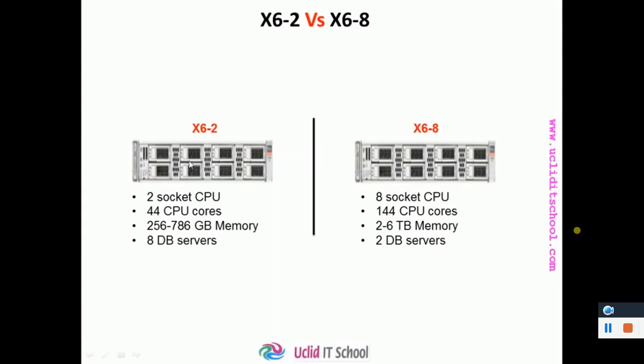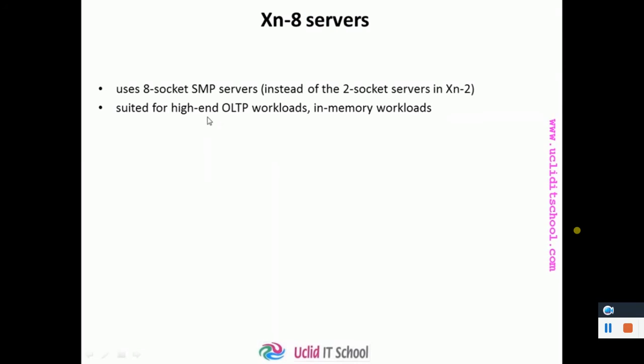If you need more servers, like you are deploying a rack with a 4-node cluster or 8-node cluster, here you will get more servers, and each server is modular with less capacity. You don't need a big capacity on a single server. As you grow, you add more servers. The X6-8 is good for high-end OLTP workloads which require more memory but don't require more servers.